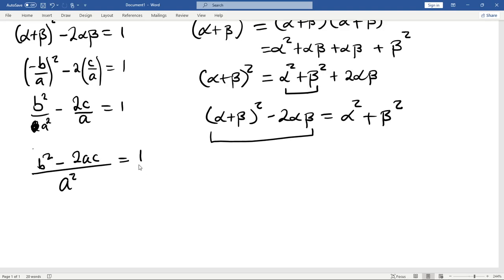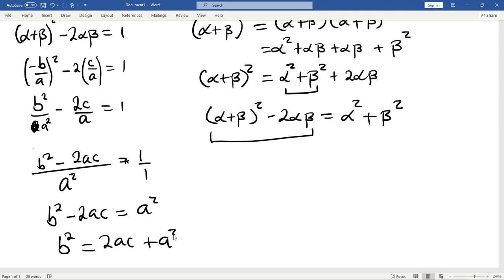Now this is the same as over 1. We do cross multiplication and we're going to have b squared minus 2ac is equal to a squared. To make b squared the subject, we shift this to the other side, then we're going to have b squared is equal to 2ac plus a squared, as required in the question.